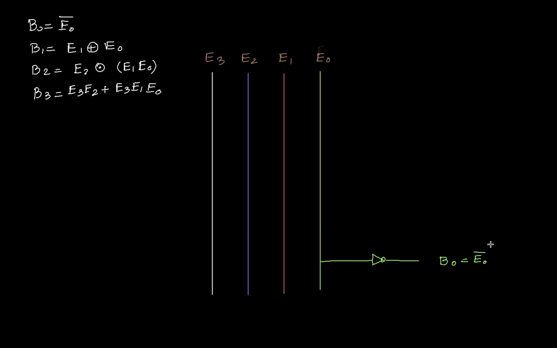Now what is B1? B1 becomes E1 XOR E naught. It is very easy. This is E1, so take one red color, E1 and E naught. We are taking E1 and E naught over here, and they are XORed.